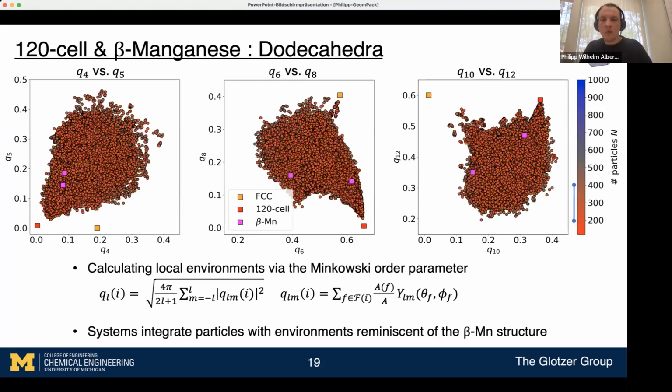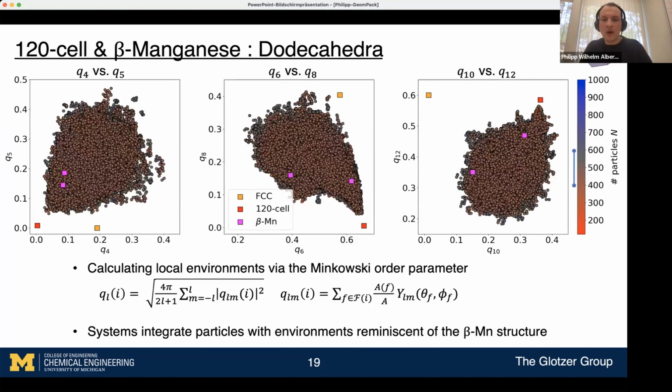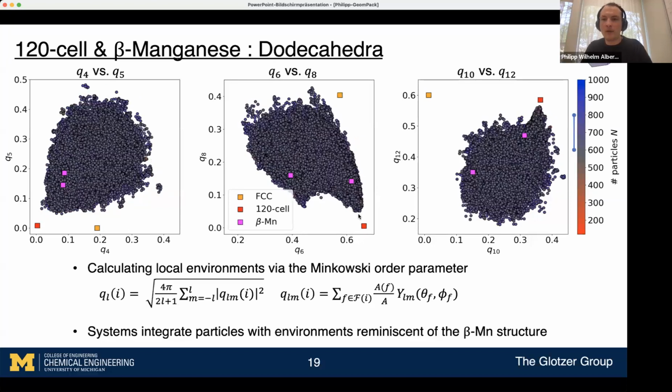And if we add more and more particles, we can see that they always detach a little bit, but still always originate from this 120 cell configuration.